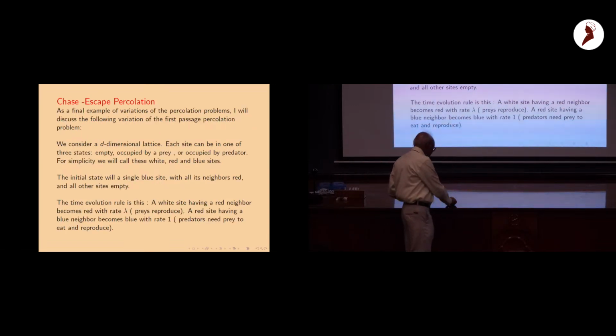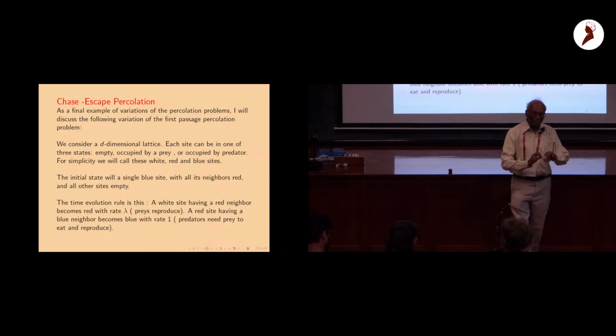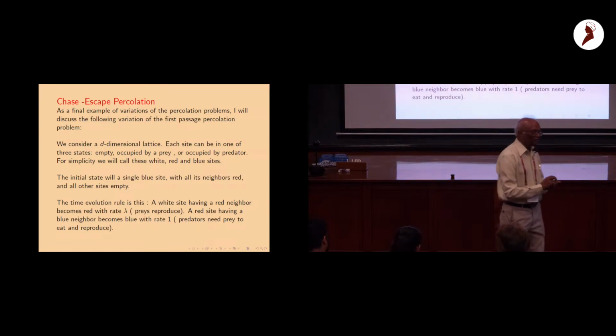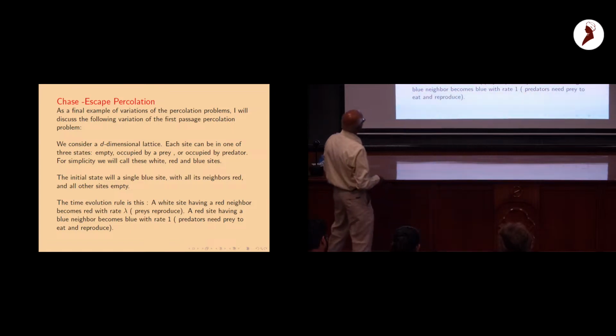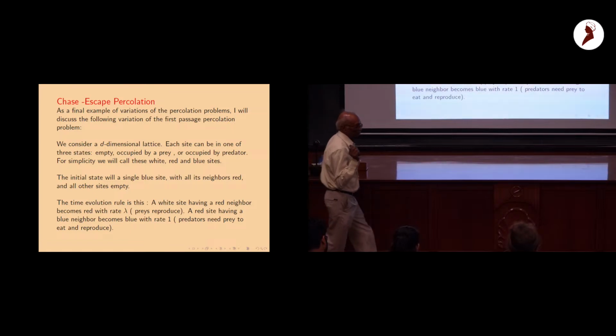Okay, so now I want to introduce a still different problem, but it's a variation of the percolation problem, and it introduces some new concepts, and there are some ways you can actually answer some of those questions, and that's what we want to discuss. So final example of percolation problems, I will discuss this variation of first passage percolation.